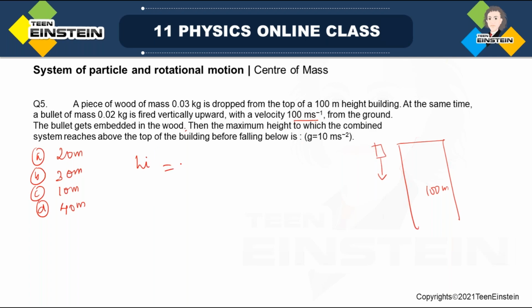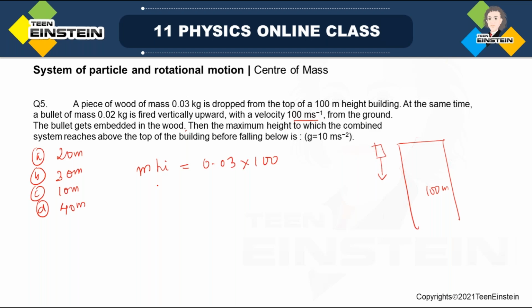Initial height hi: suppose the combined mass is m, then m into hi is equal to the mass of the object into 100.